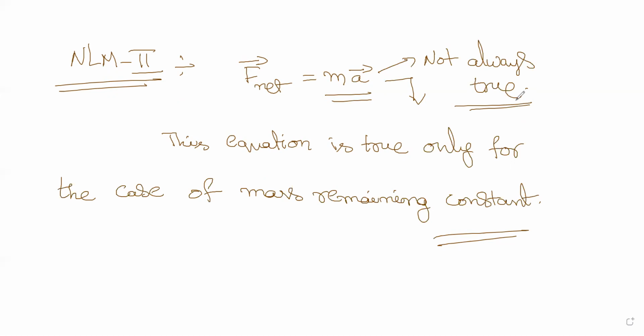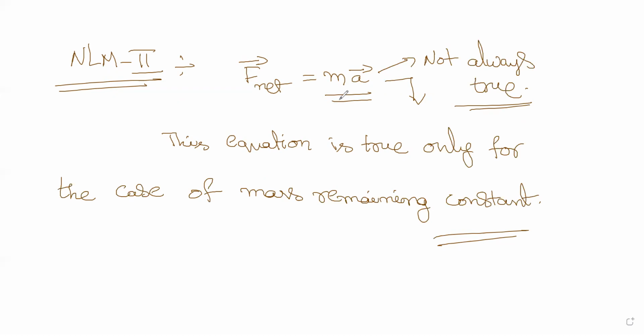So when someone asks you what is Newton's second law of motion, if you say that F is equal to ma, that is wrong. You have to tell that Newton's second law of motion is rate of change of momentum. That is the only correct equation. And why it is so, I will describe right now. It's very easy.